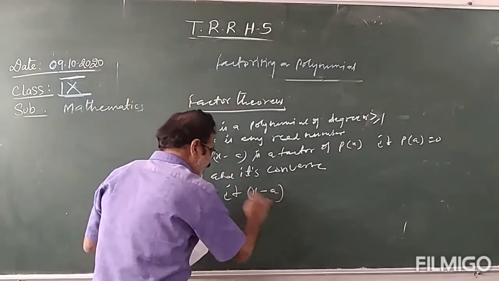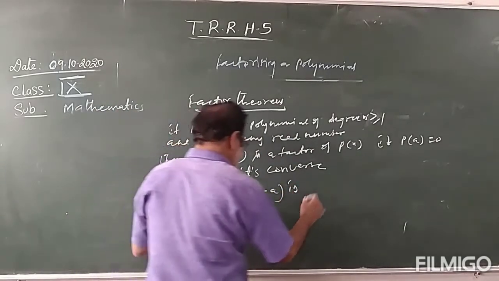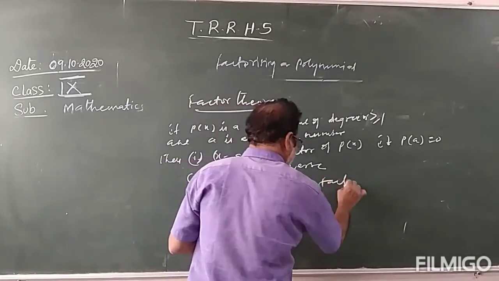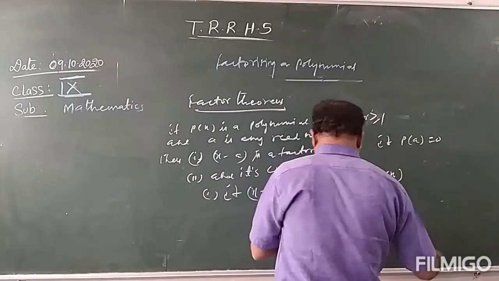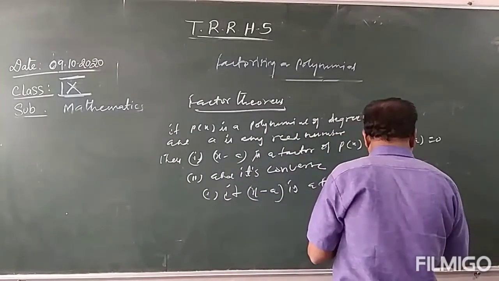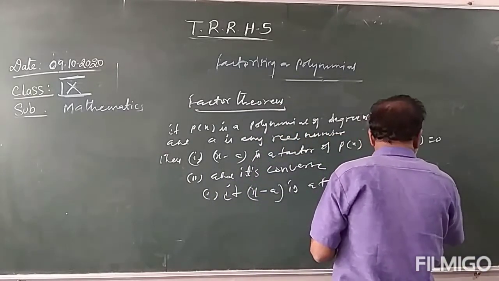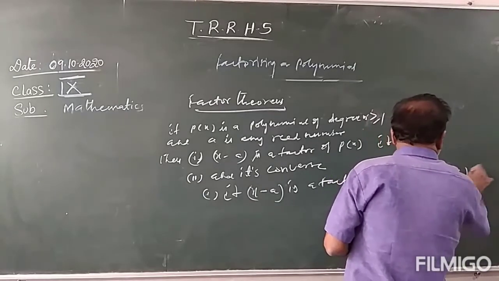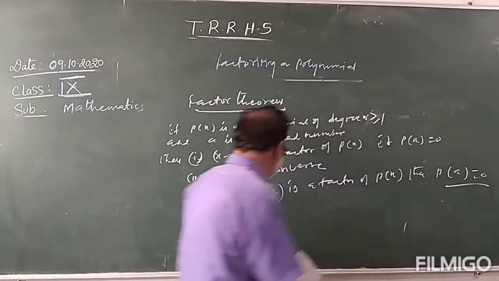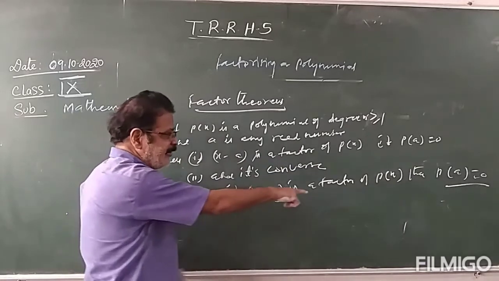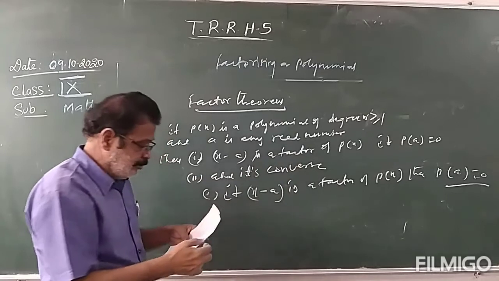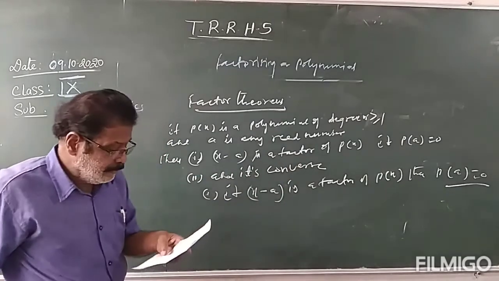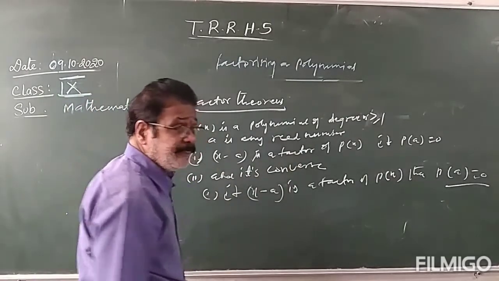If x minus a is a factor of the polynomial P of x, then P of a equals 0. This is the factor theorem.